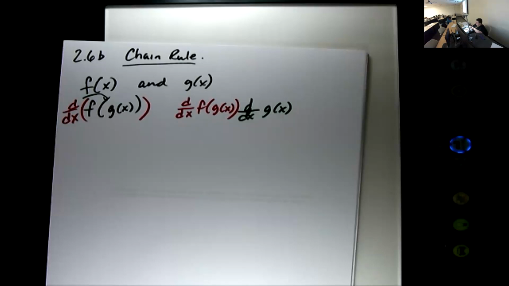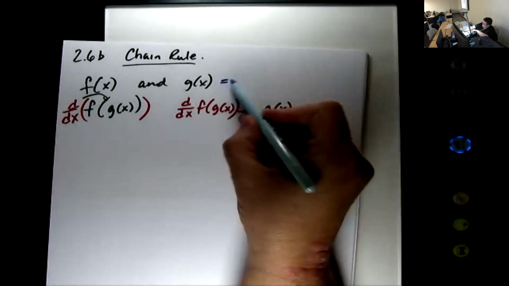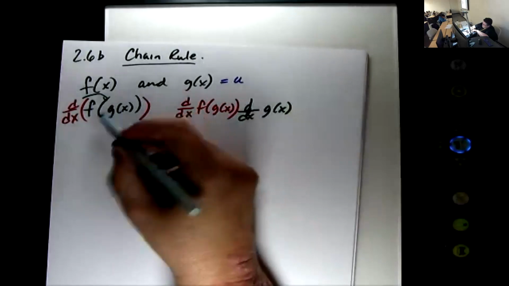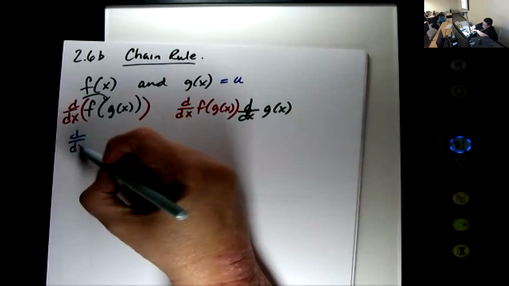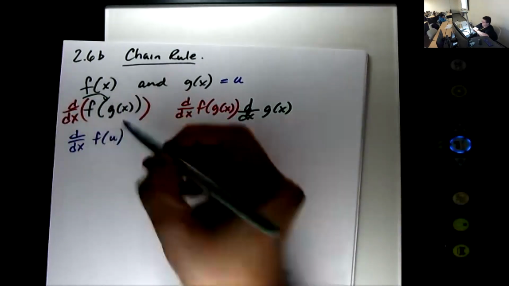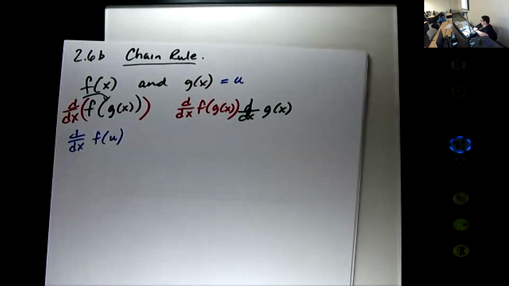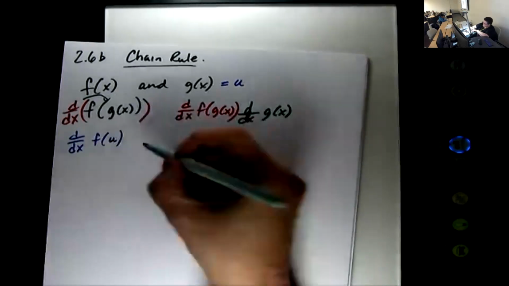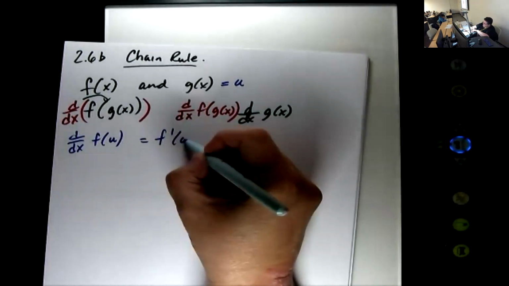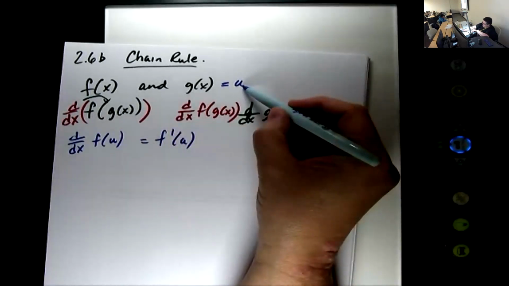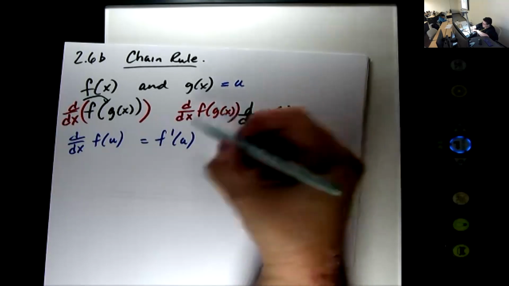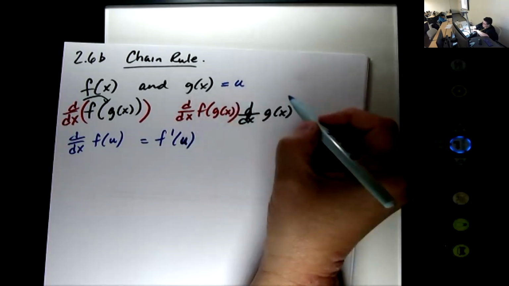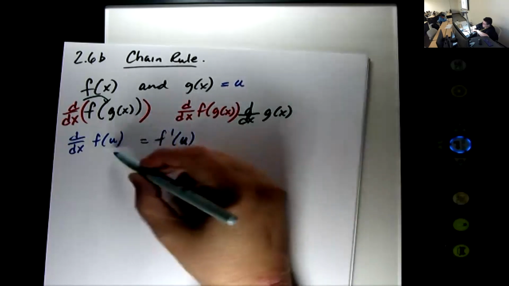A common and handy way to treat this is to call g of x u, some variable, and this becomes d dx of f of u. Maybe f and u aren't the best letters, I hear it when I say it out loud. So this will be f prime of u, but u is a function of x, u equals g of x, so then we have to do the derivative of that.